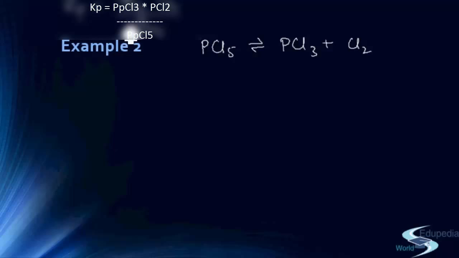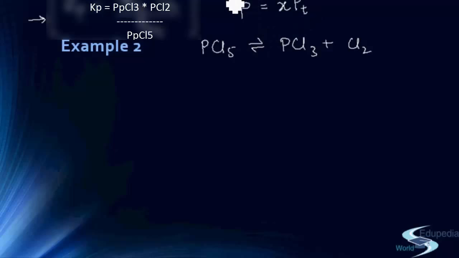So how can I do that? If I'm not assuming volume or temperature to be constant, though temperature will always be constant in all our questions, but let's say we are not making any assumptions, how can I write this expression? Temperature has to be constant if you are defining a particular value of Kp. What we do know, from the Dalton's law that we studied in gaseous state, is that partial pressure of any given gas is equal to mole fraction of that gas times total pressure.